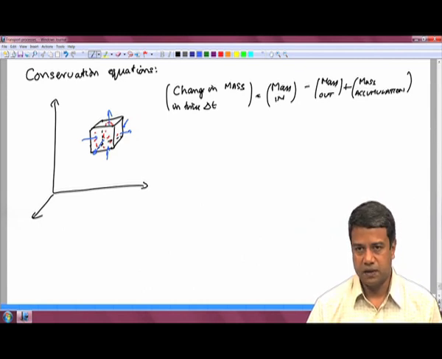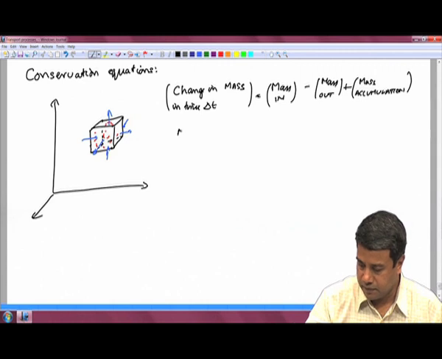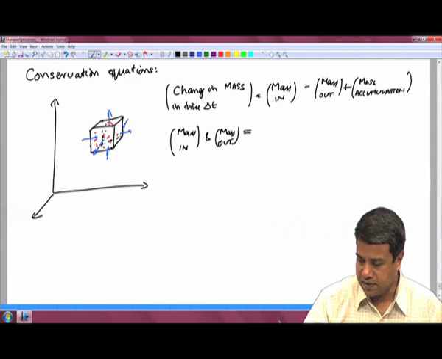Coming in and going out takes place due to two reasons.